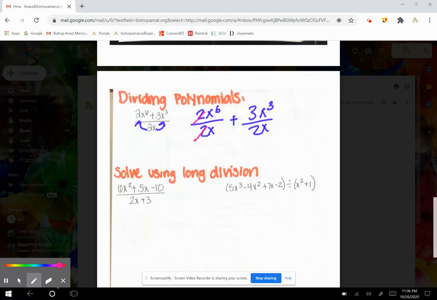So the 2's cancel. This x goes up here and reduces that down to x to the 5th. The 3 and the 2 will stay there. This x, you bring it up, you subtract by 1, so that's x squared. So my answer is x to the 5th on the left side, plus 3 halves x squared.